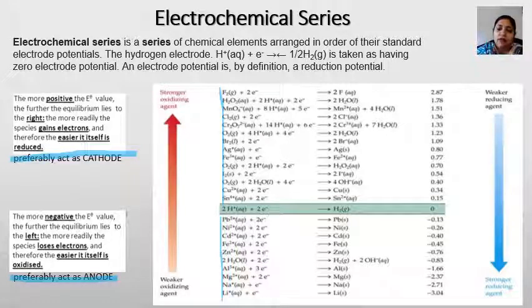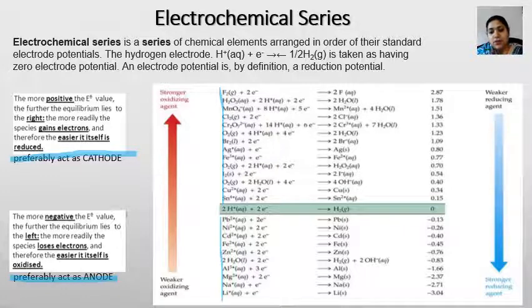Similarly, if we compare two elements, we can tell which will get reduced and which will get oxidized in a reaction. Here some values are positive and some are negative. But if I am talking about two electrodes which both have positive values or both have negative values, what happens in that case?